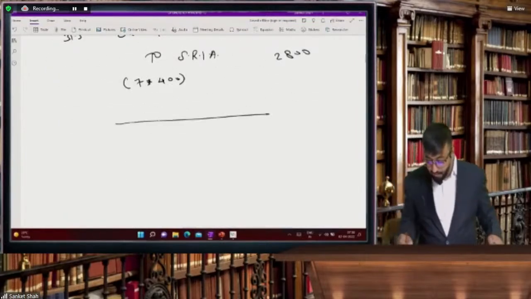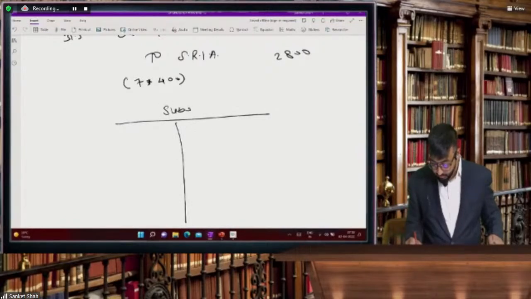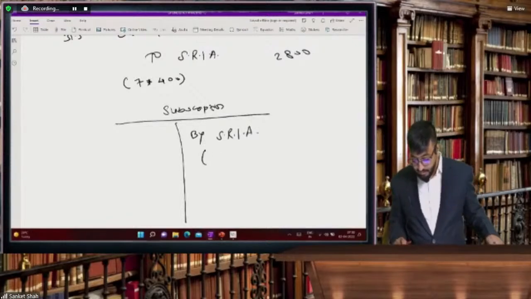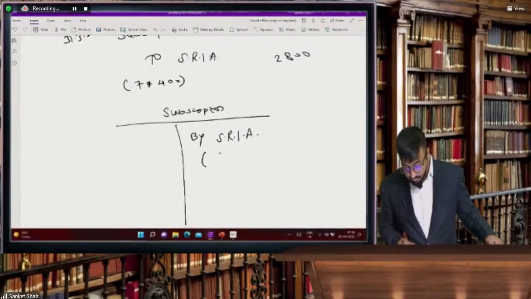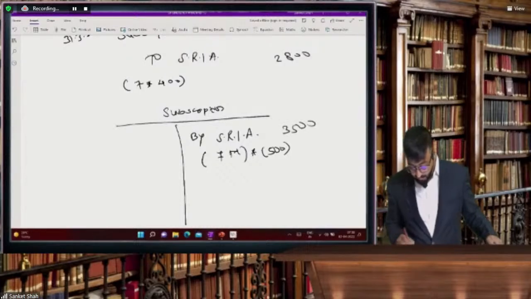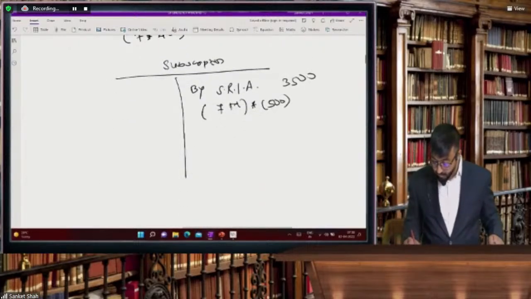If you prepare the subscription account, it will look like this. By subscription received in advance, how many months? 7 months into 500, 3,500. By cash, you are receiving 4,800.